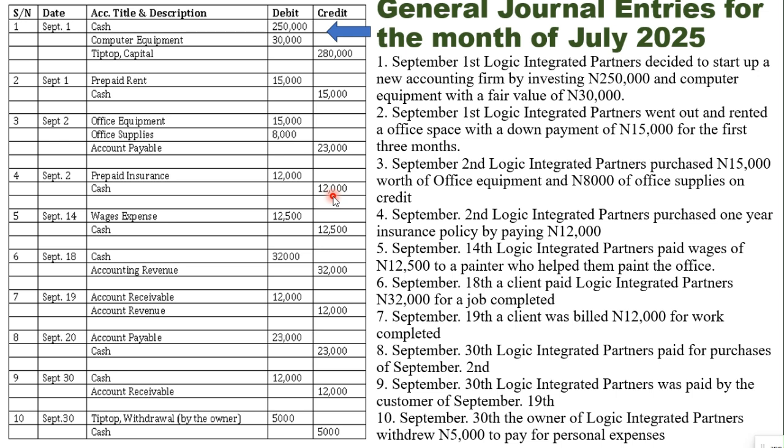purchase. Number five, September 14, Logic Integrated Partners paid wages of 12,500 to a painter who helped them paint the office. So this is also a transaction where they have to remove 12,500 naira from our cash account and pay wages.